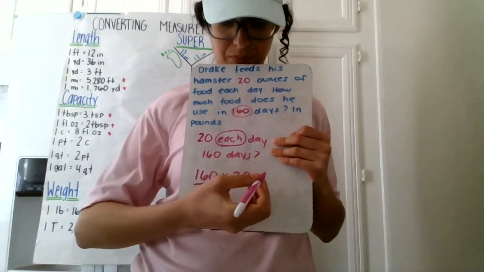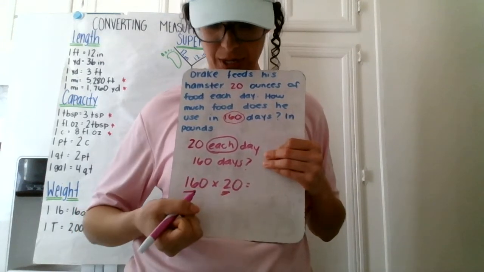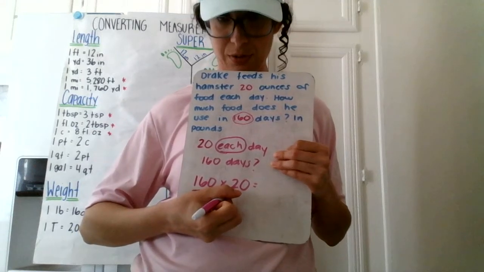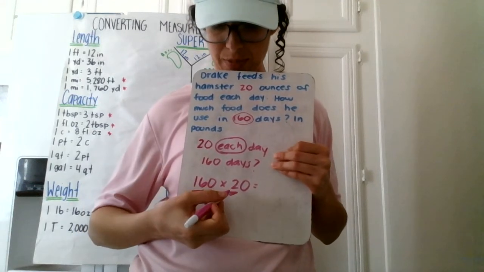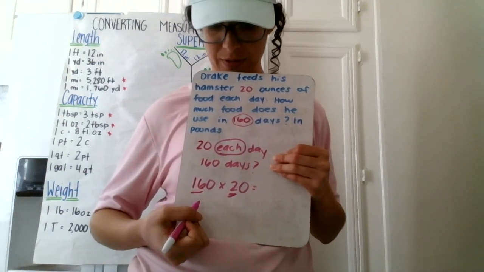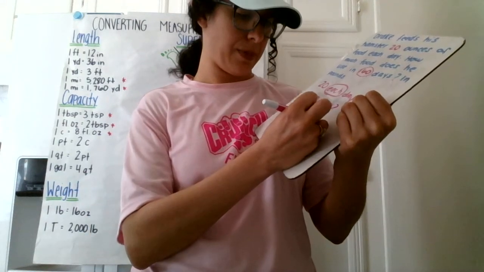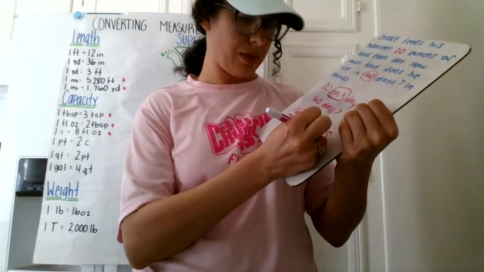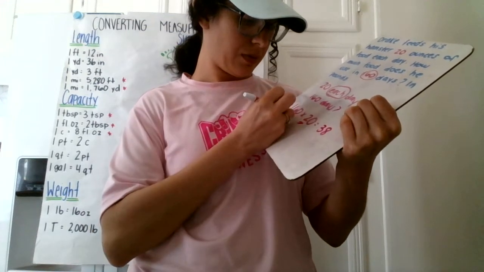So what would you get here? 16 times 2. Or if you don't want to do 16 times 2, you can do 16 plus 16. Right? So you're going to get, oopsie.